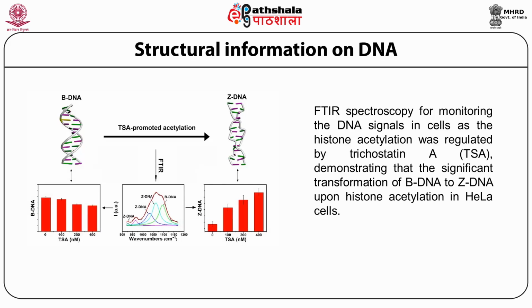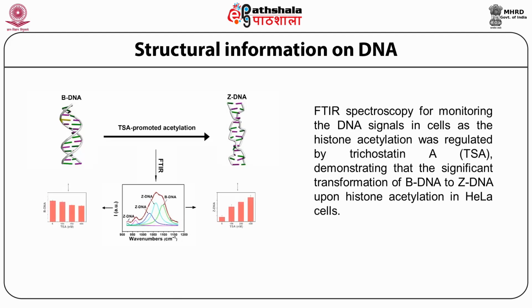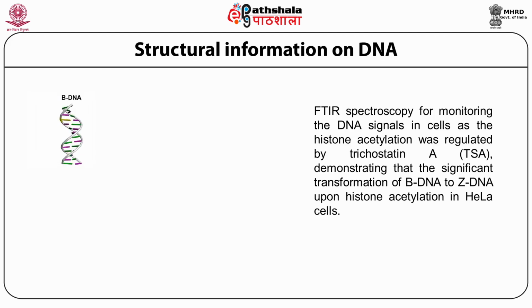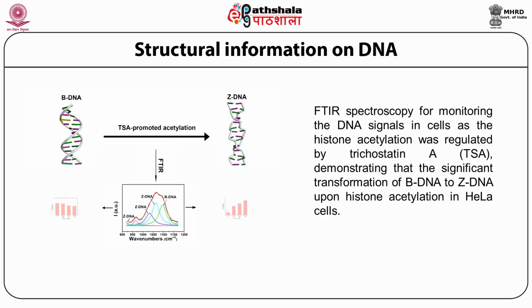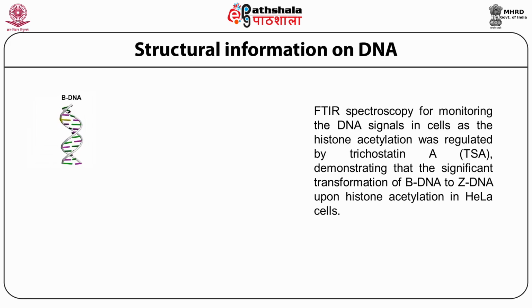You can see here that B-DNA is converted into Z-DNA, and you can see that the FTIR spectra of Z-DNA and B-DNA are quite different. So FTIR spectroscopy was used for monitoring the DNA signal in cells as histone acetylation was regulated by trichostatin TSA, demonstrating a significant transformation of B-DNA to Z-DNA upon histone acetylation in HeLa cells.